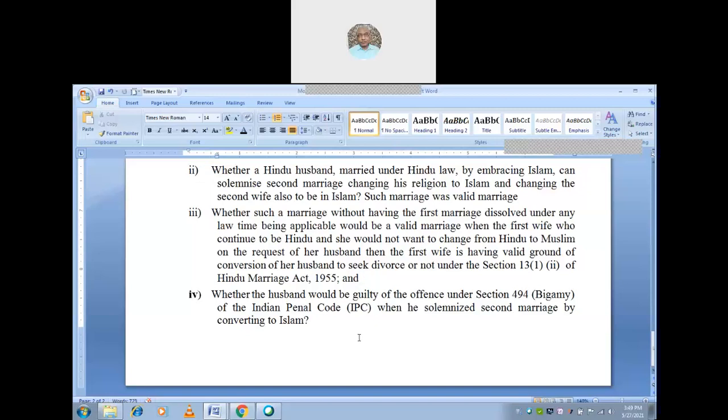But the case is a writ petition. So a writ petition is there. If it is the High Court, they challenge only the government.